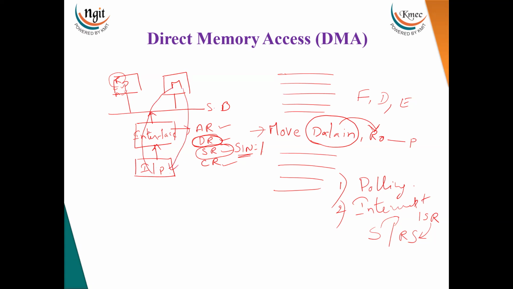This control unit is called DMA, direct memory access. It is a control unit situated between the IO devices and memory. Already we have seen the interface unit, and in the interface unit there is one control unit. That part of the control unit is called DMA.